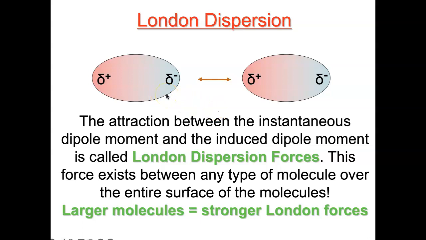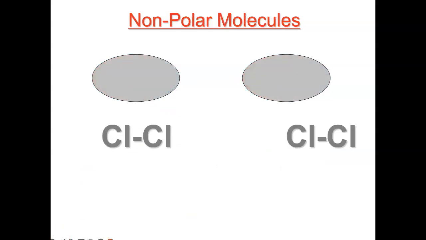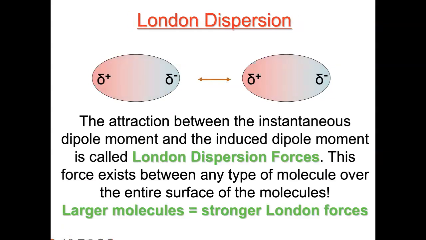Now, how long is this polar molecule going to last? Only a short amount of time, and it's going to go right back to where it was, that nonpolar molecule. And so if there was any attraction between these molecules, it would be London dispersion. London dispersion is always the intermolecular force between nonpolar molecules.